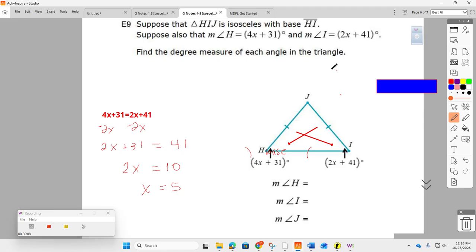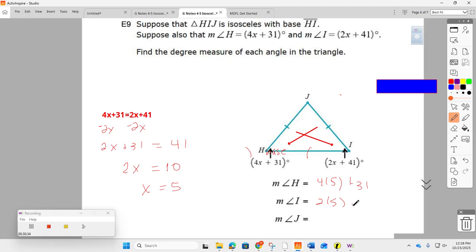Right, so for H, I'm going to take that 5 and replace the x with 5. So instead of 4 times x, it's 4 times 5 plus 31. And for I, 2 times 5 plus 41.